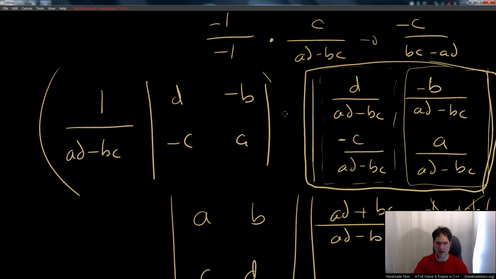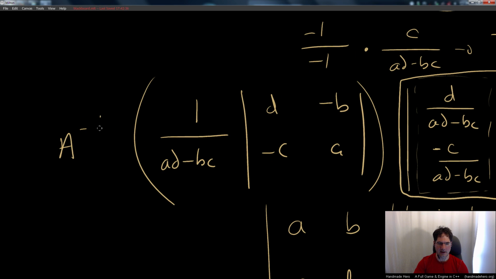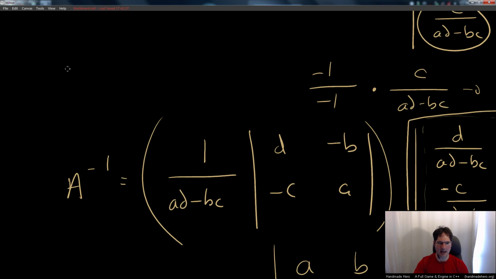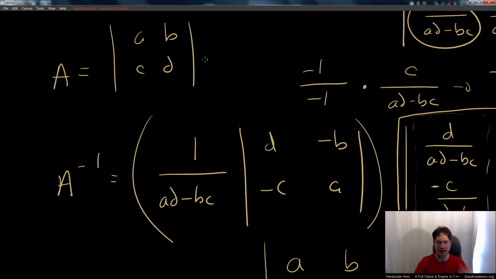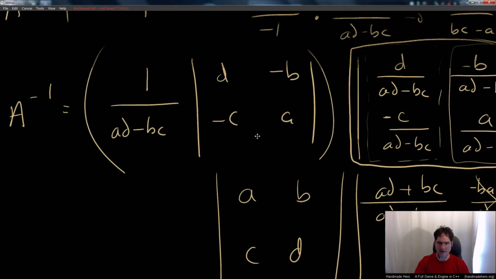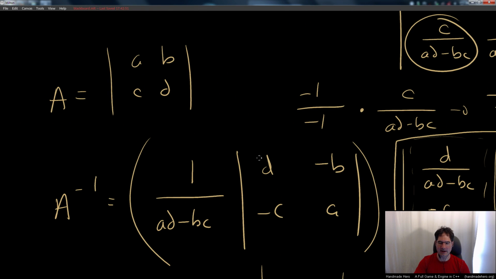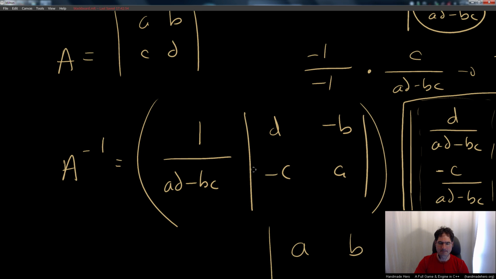So this right here is our A inverse, if our A is equal to A, B, C, D, okay? That's what we've got. And we just proved that it worked because we multiplied it out and got the identity matrix, so everyone's happy, happy birthday, everything's great, right?